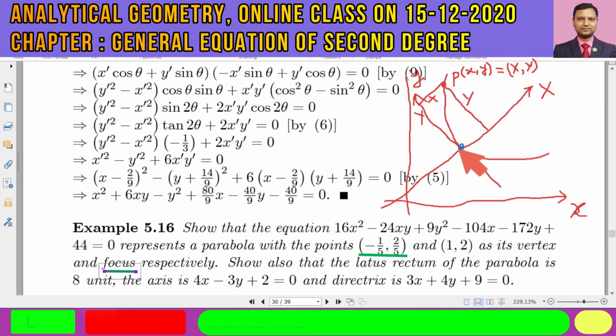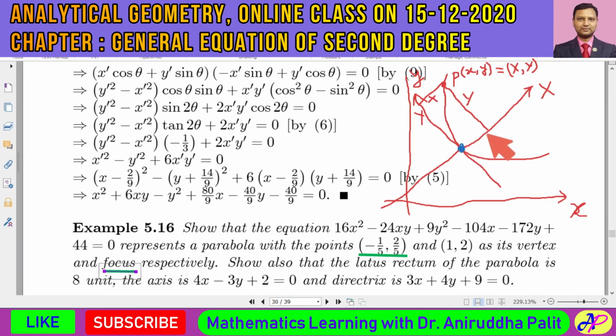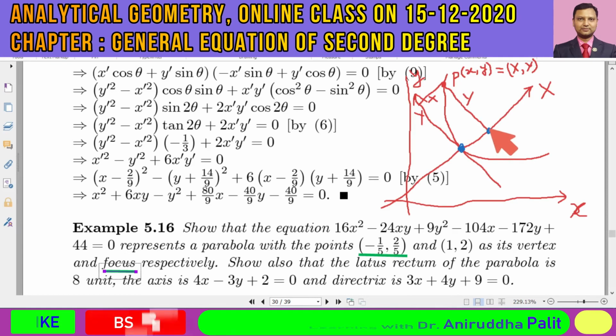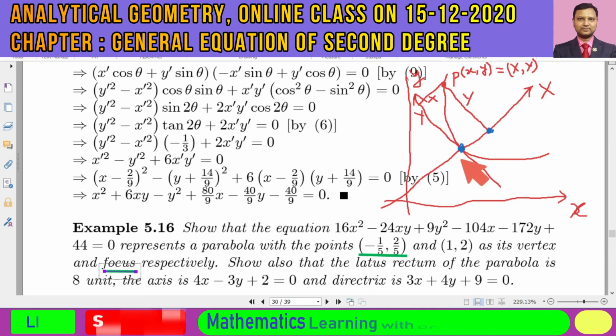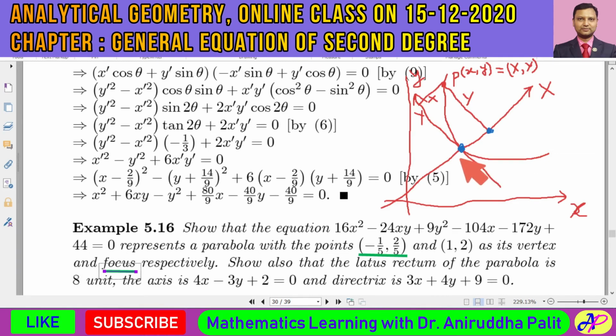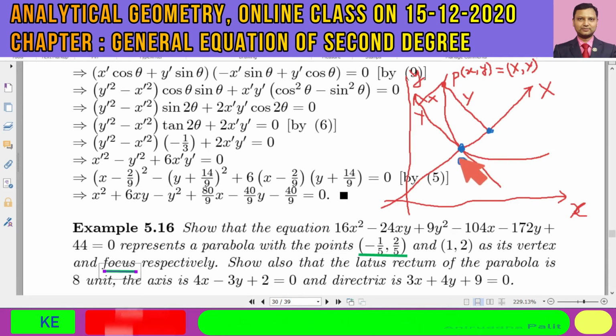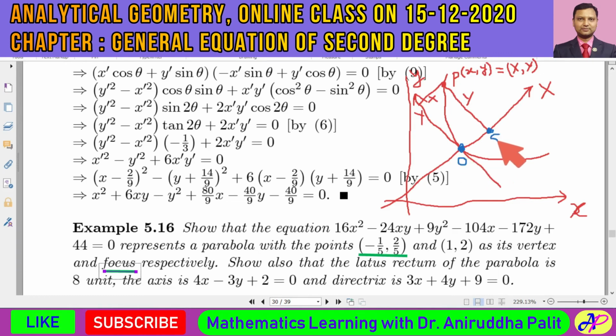This is the vertex of the parabola, suppose point O, and this would be the focus of the parabola. Got it?